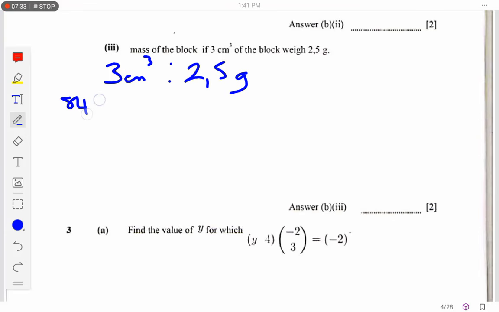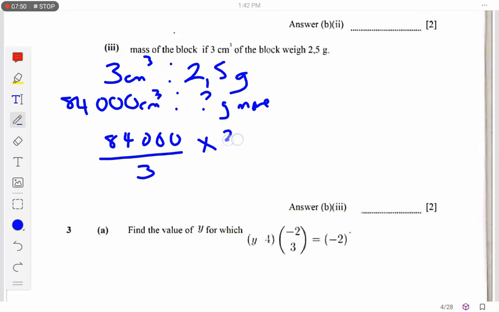Then 84,000 cubic centimeters to how many grams? It's going to be more. So when we do our cross multiplication, we have 84,000 on the top over 3, times 2.5.